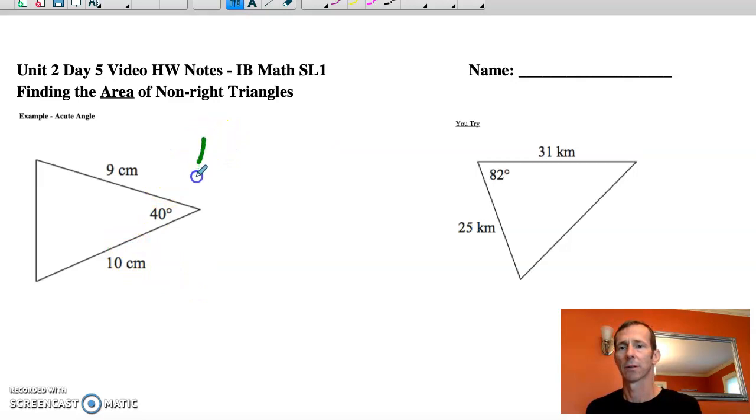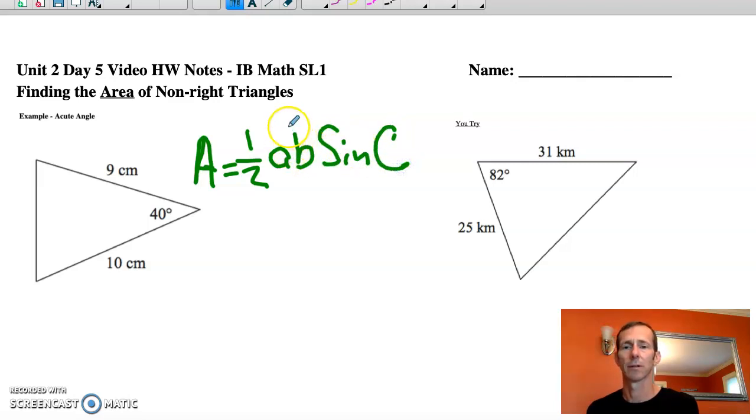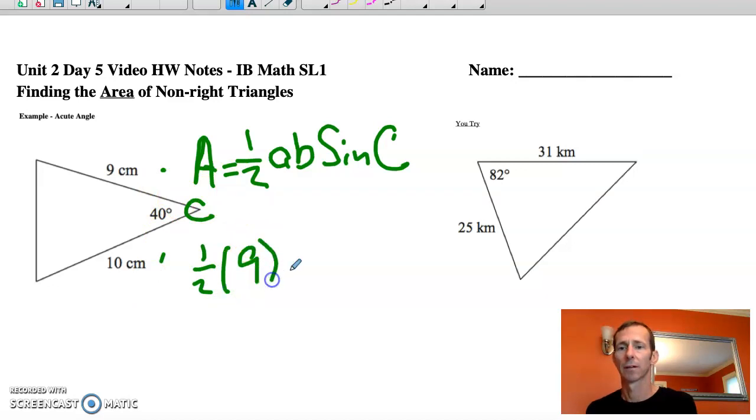And so we're going to write down area is 1/2, and I'm just going to use the letters A, B, sine C, only because that's on our formula sheet, and we don't have to have this memorized. But what matters is that this angle C is in between the two sides. So now I literally just plug stuff in. 1/2 times 9 times 10.